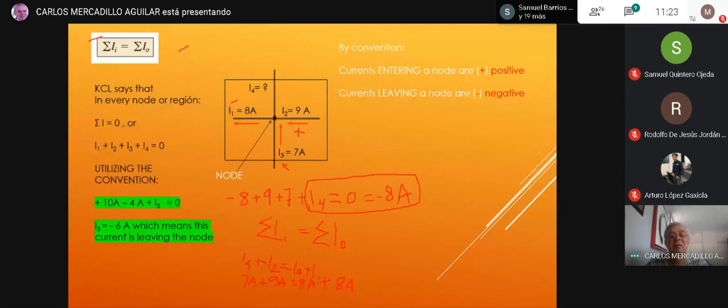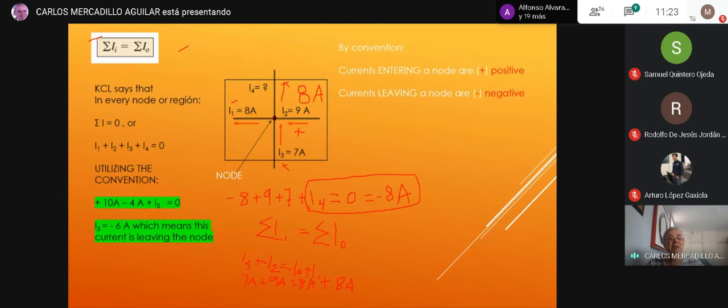It's leaving. And it will be 8. Okay. We don't put here the negative sign.